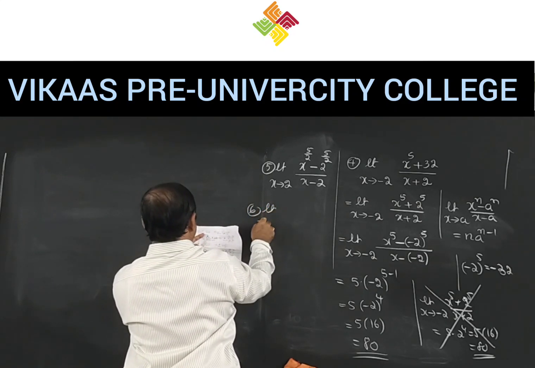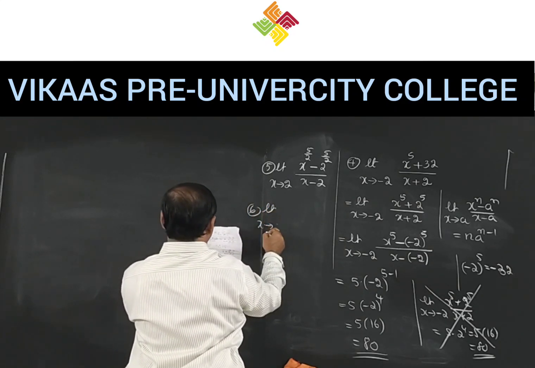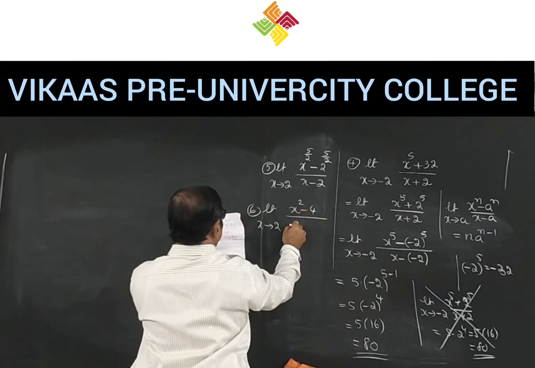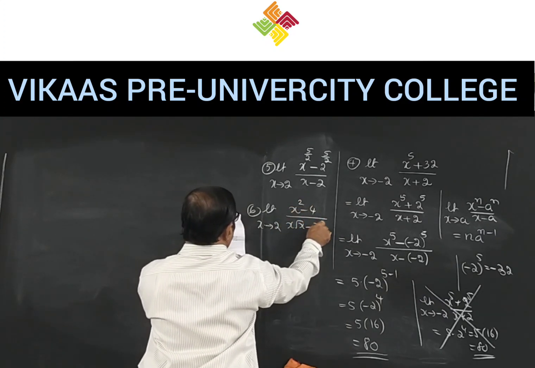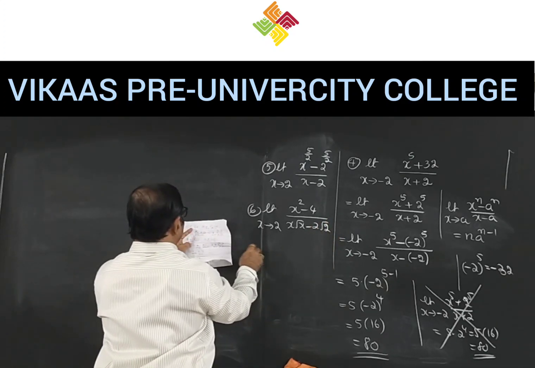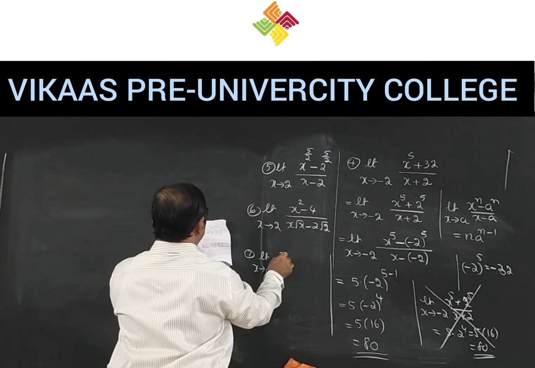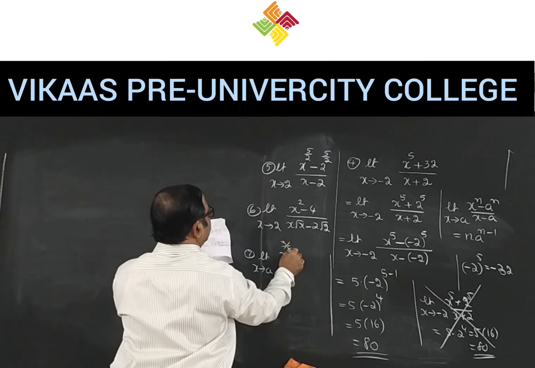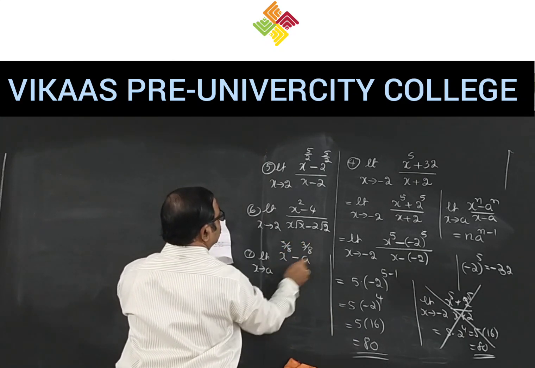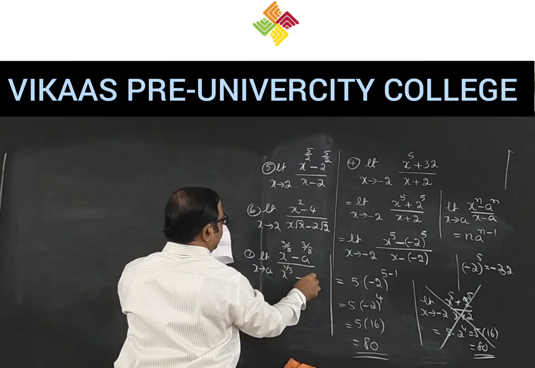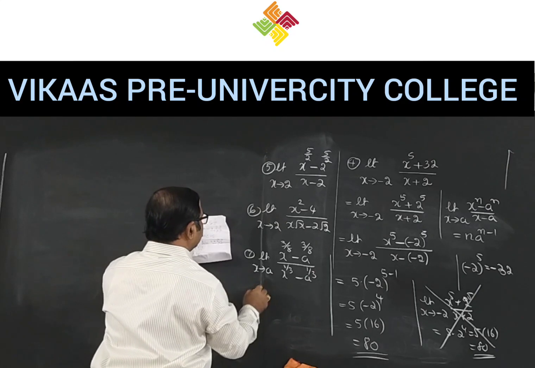Then limit x tending to 2, x squared minus 4 by x root x minus 2 root 2. Then limit x tending to a, x to the power 3 by 8 minus a to the power 3 by 8, by x to the power 1 by 3 minus a to the power 1 by 3.